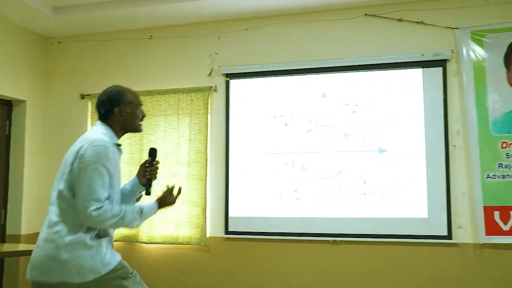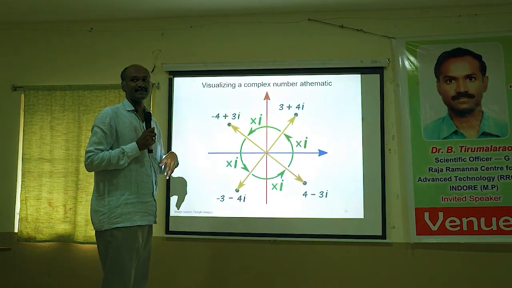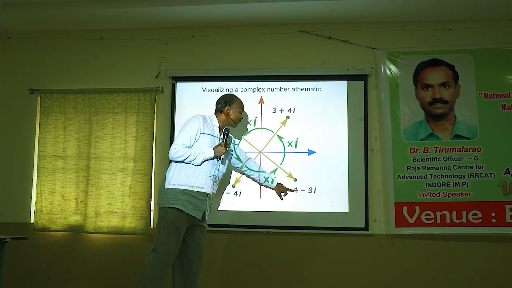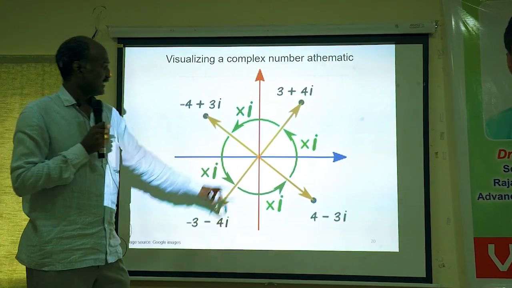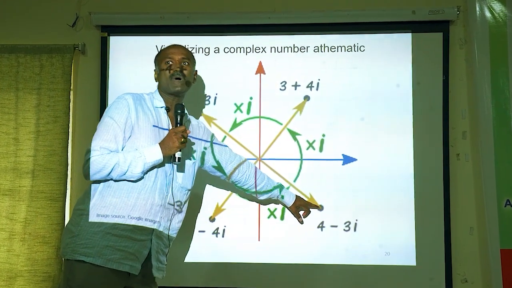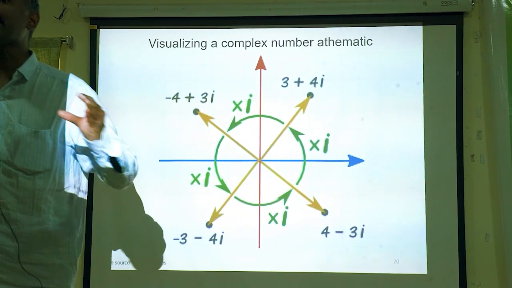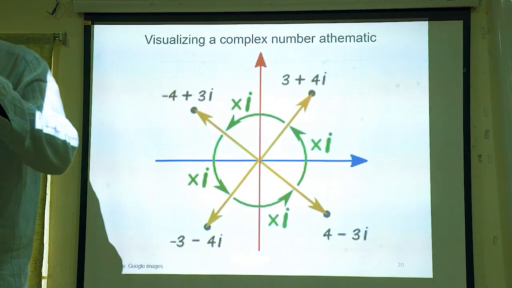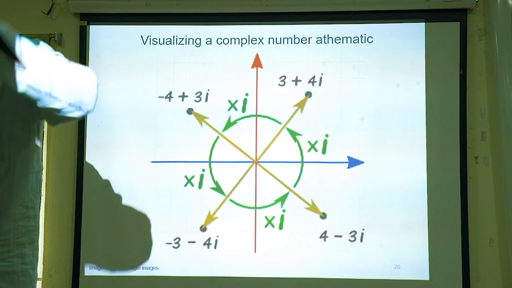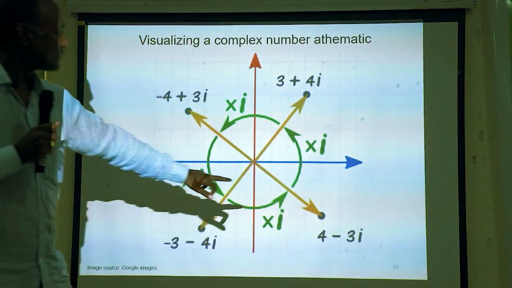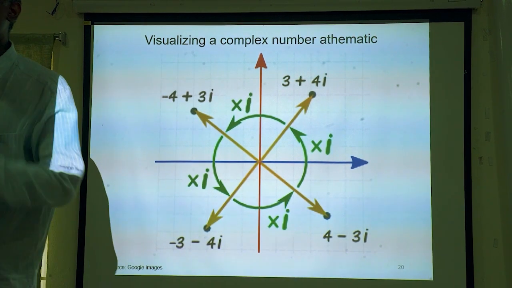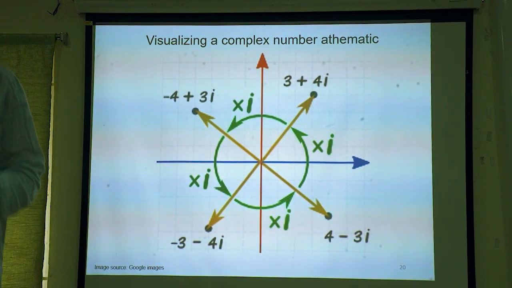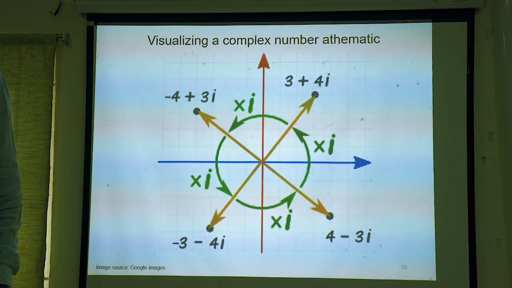I will tell you a very simple example of how useful this is. Suppose 4 minus 3i, it is this point. What is the point 90 degrees from that position? From this point, if I rotate by 90 degrees, what point will come? 90 degrees means what?